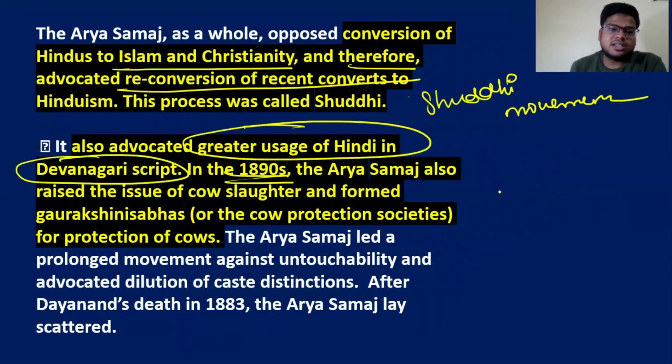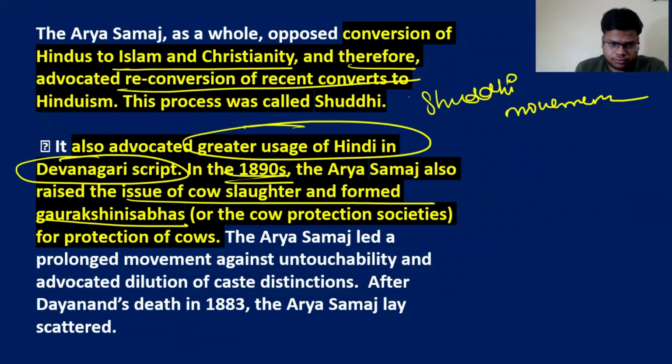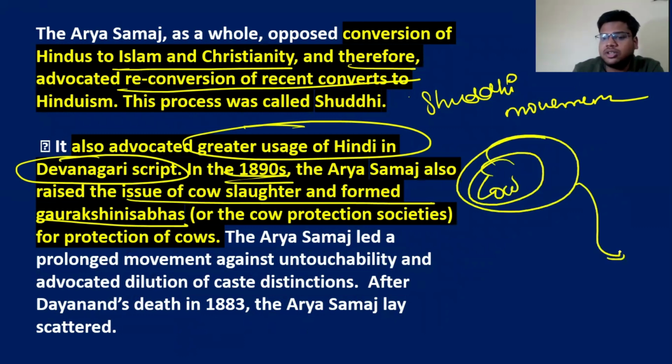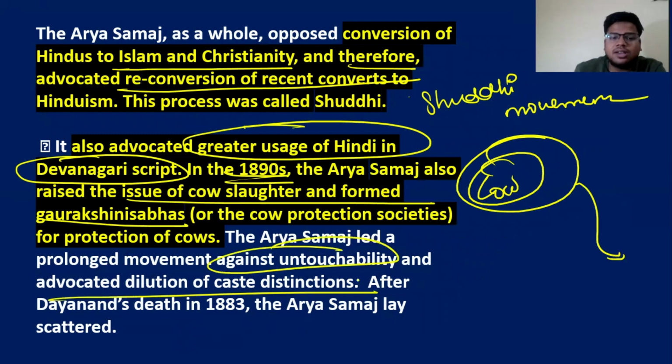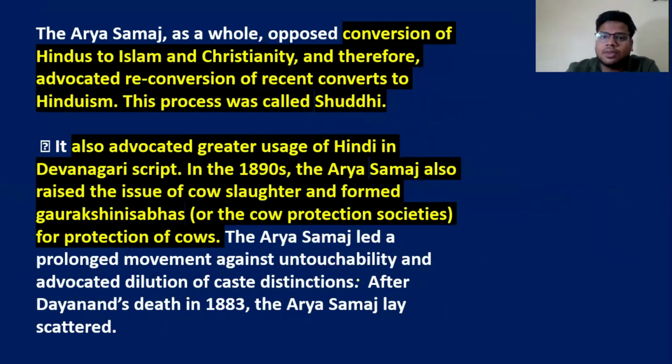In the 1890s, Arya Samaj also raised the issue of cow slaughter and formed the Gau Rakshini Sabha, the cow protection society. I've told you this cow movement traces its history only to this Arya Samaj movement. They led a prolonged movement against untouchability and advocated the dilution of the caste distinction.